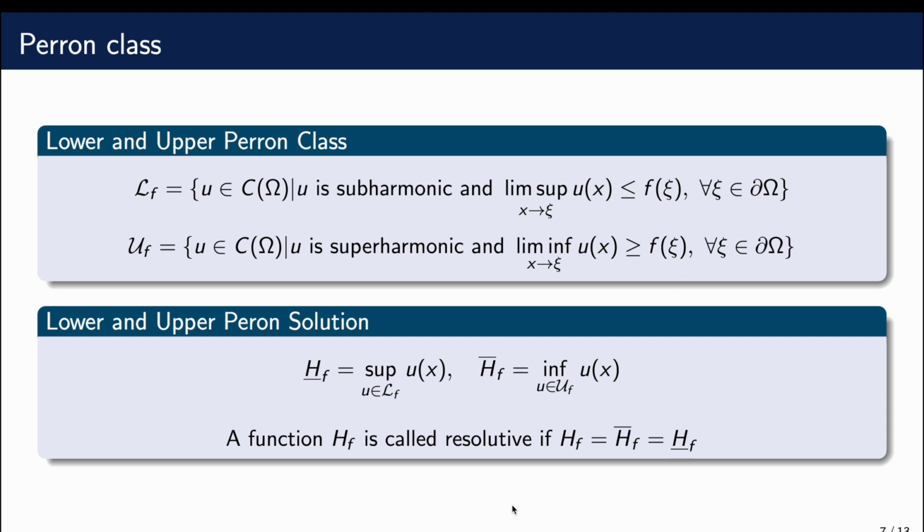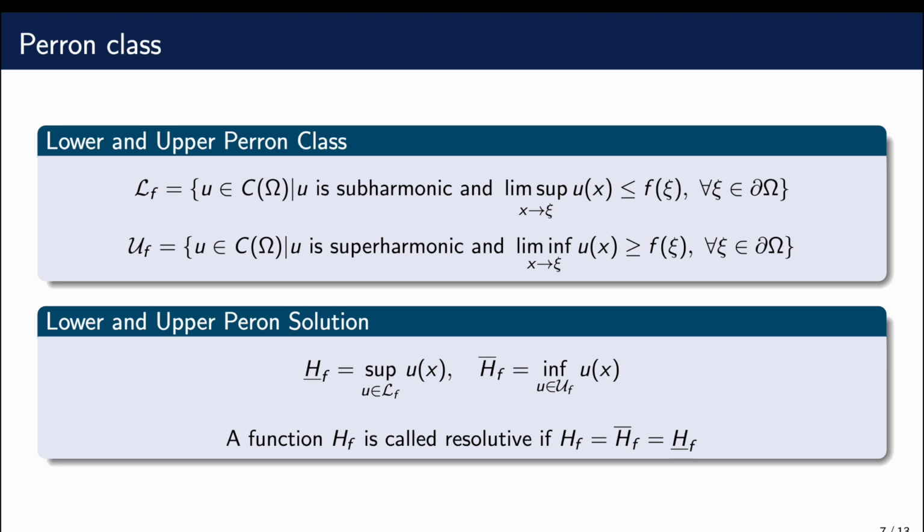We're finding cases where the lim sup and lim inf are either less than or greater than the boundary function. And then we want to know basically what is the biggest function that is below the boundary function, and what is the smallest function that is above the boundary function.